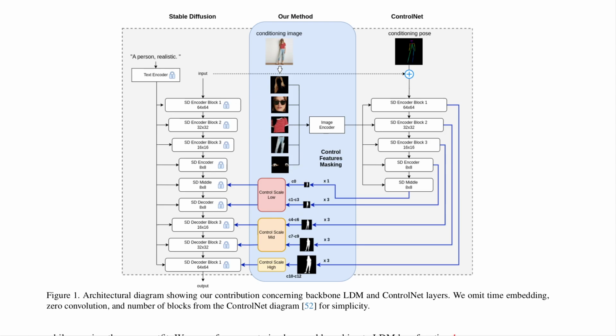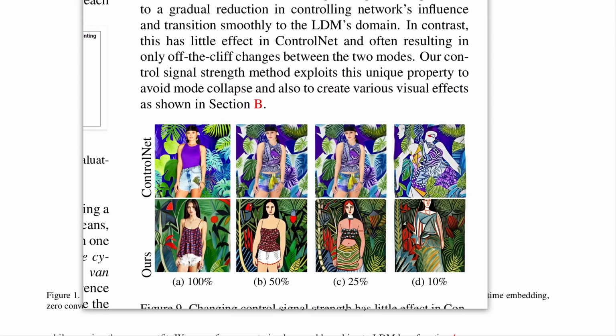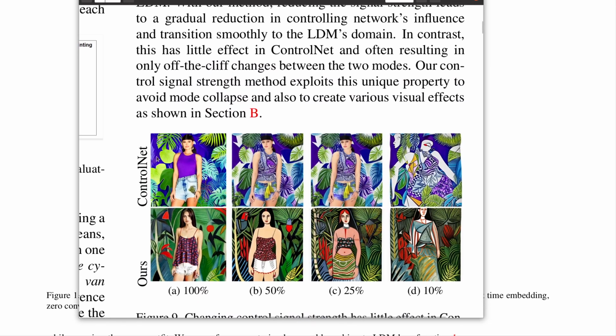In our research, we found that although in ControlNet you can control the strength by using a scalar value, just multiplying it, say times 0.5, or times 1 for full strength, they basically only switch between two modes.